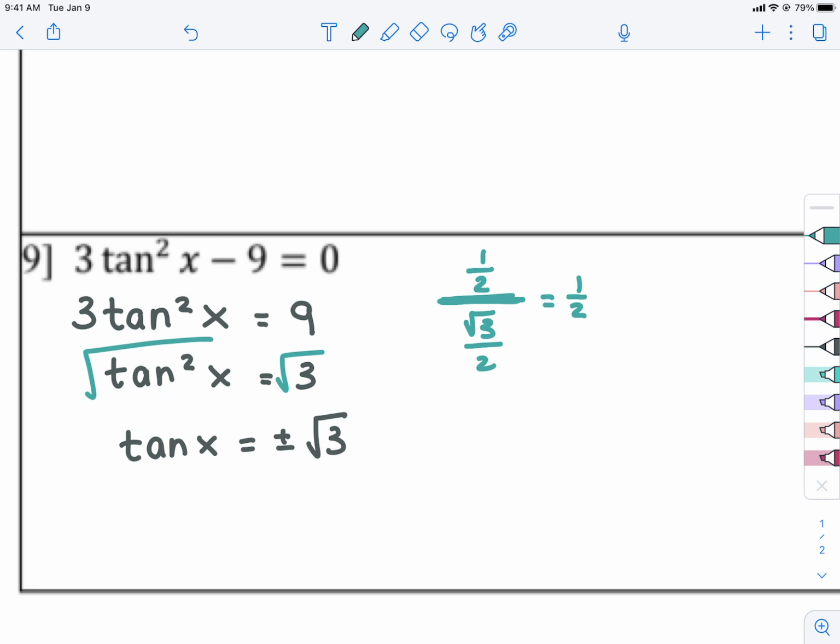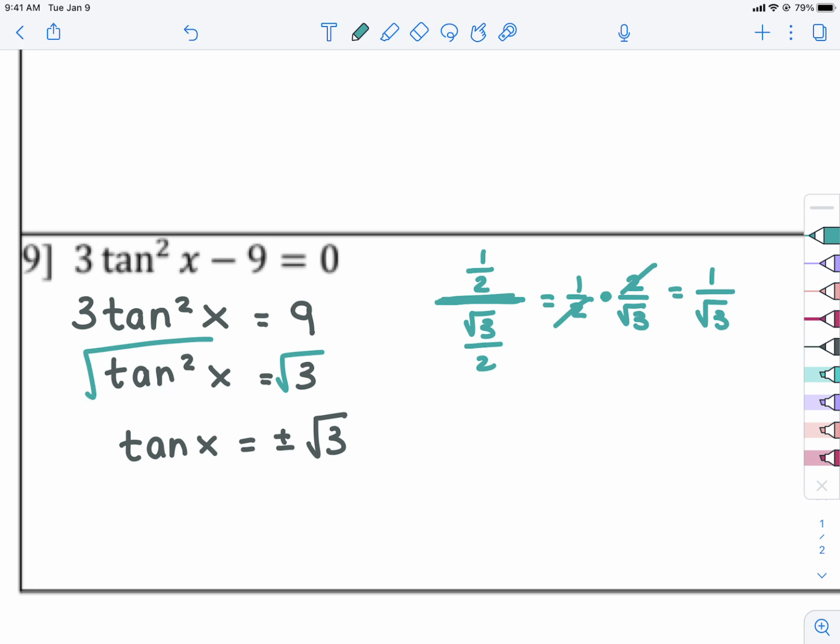I'm going to change my big division sign here to multiplication. I'm going to flip my fraction. And then I'm going to multiply straight across, and when I do that, my 2's are going to cancel, and I'm going to get 1 over root 3.